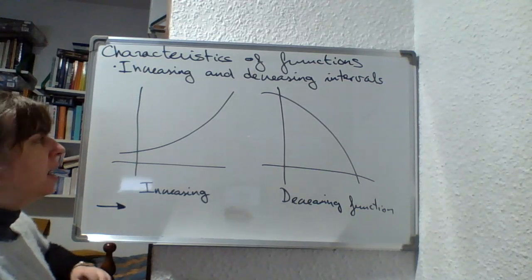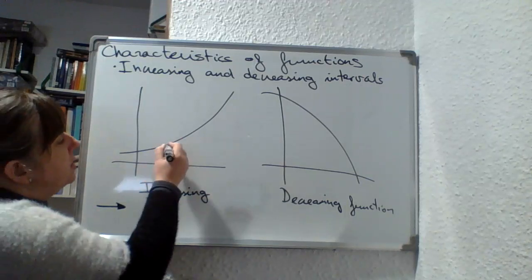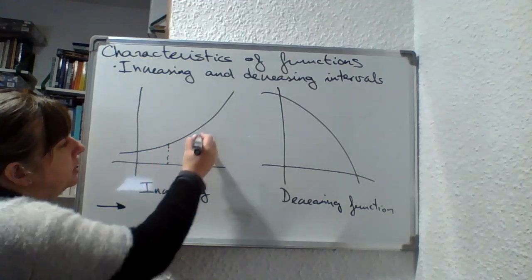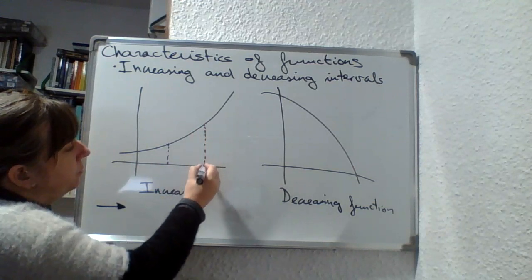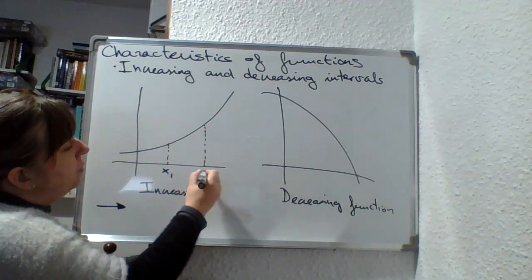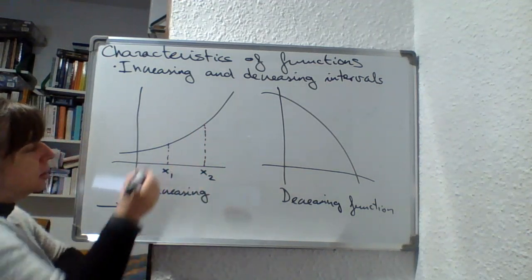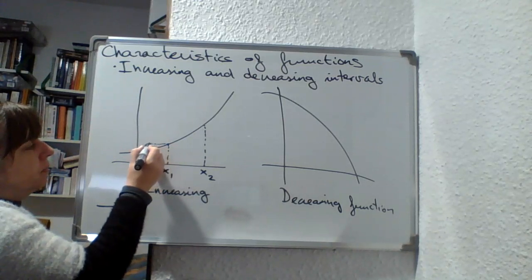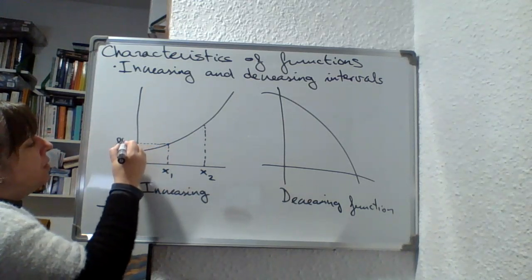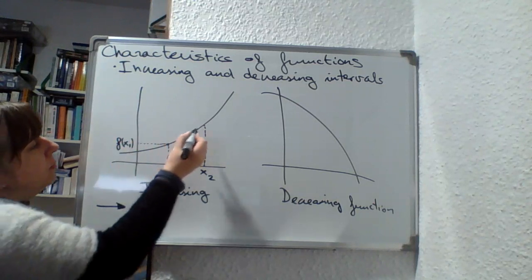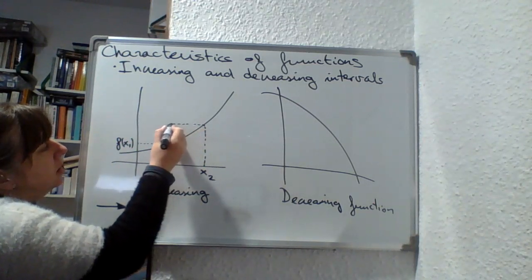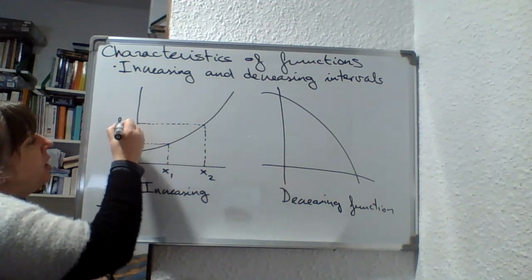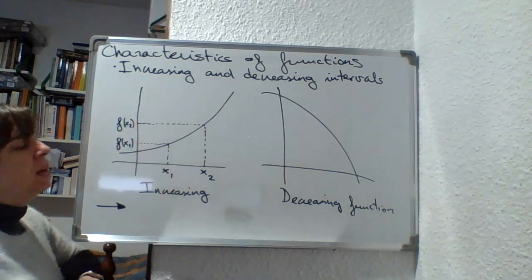When I have an increasing function, imagine that I take two values of x. This is x1 and this is x2. This is the value of the function in x1, and this is the value of the function in x2.